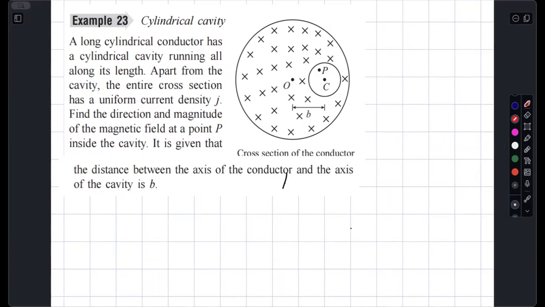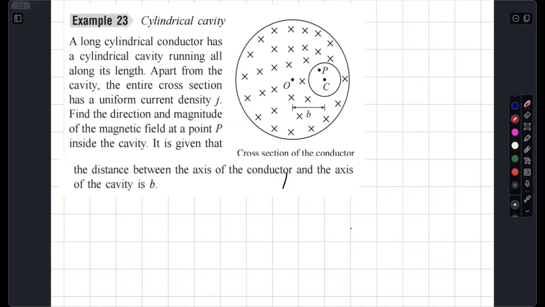Cylindrical cavity. A long cylindrical conductor has a cylindrical cavity running all along its length.